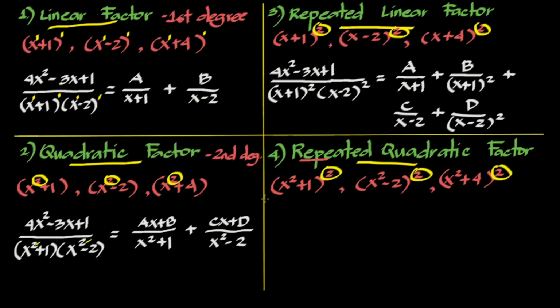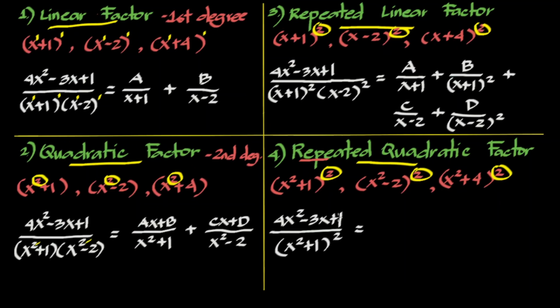Now, yung naman, yung partial fraction niya, same equation pa rin. 4x squared minus 3x plus 1 all over, try natin tong isa. Say we have x squared plus 1 squared. Okay?